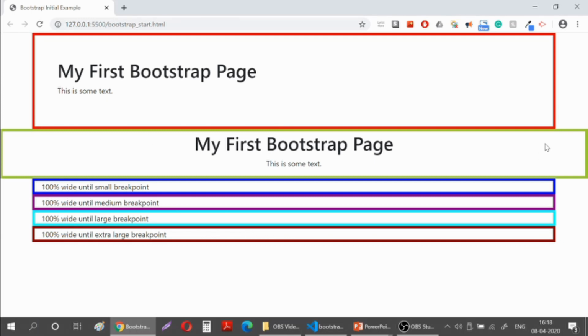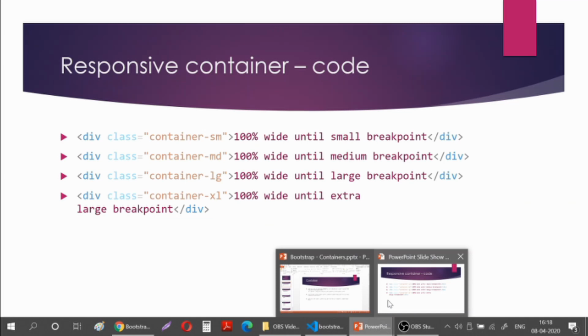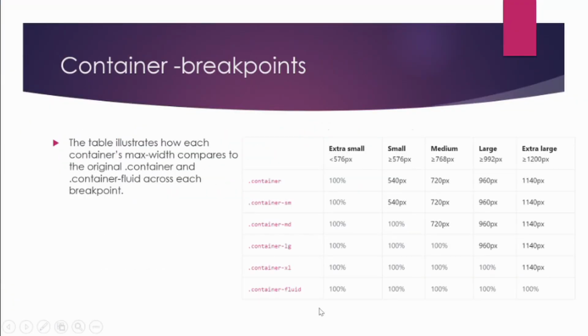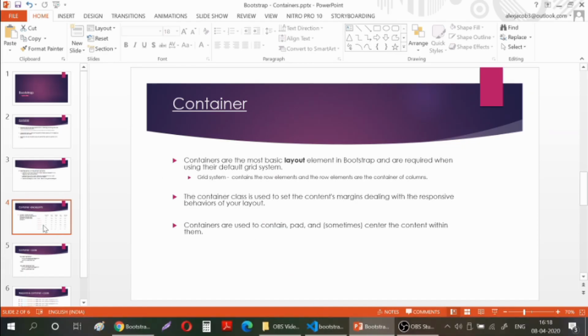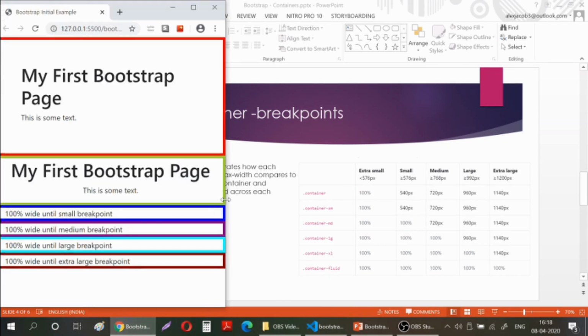Now it is easier to explain the other features when I resize the window. So I'm going to have this presentation table where we explained about the max width. I'm going to show that and compare that with our actual window.